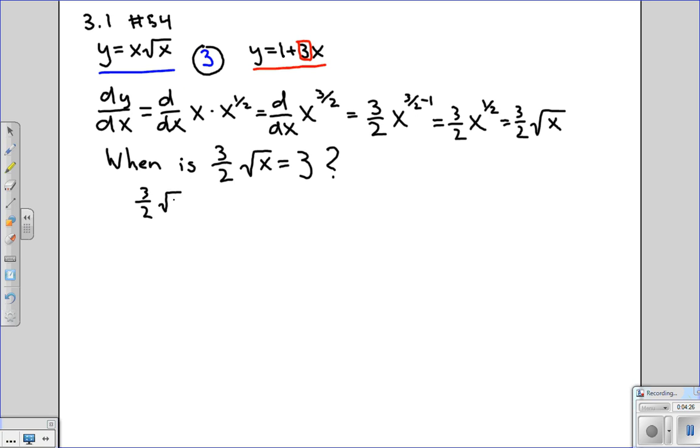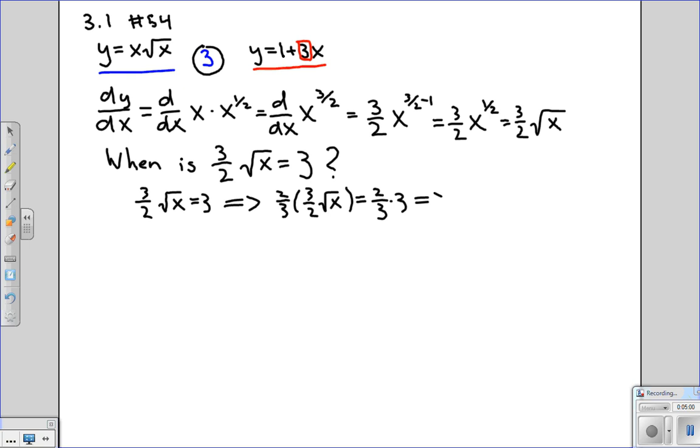Three halves square root x is equal to 3 implies, and if we multiply both sides by 2/3, we get 2/3 times 3/2 square root x is equal to 2/3 times 3.